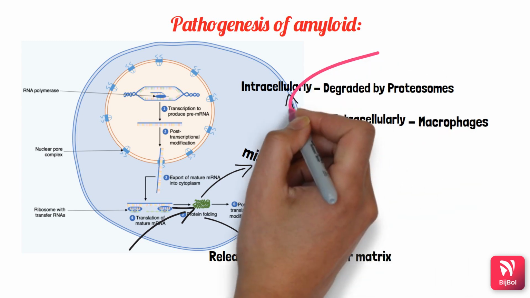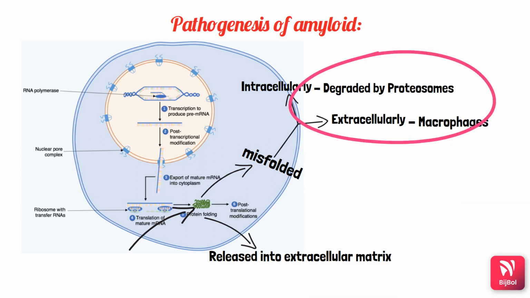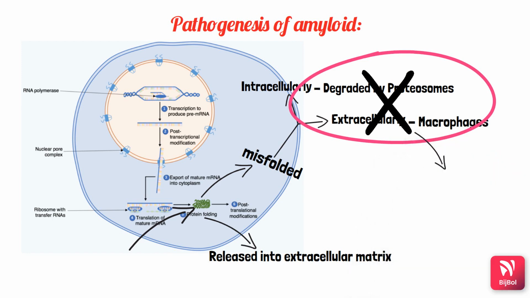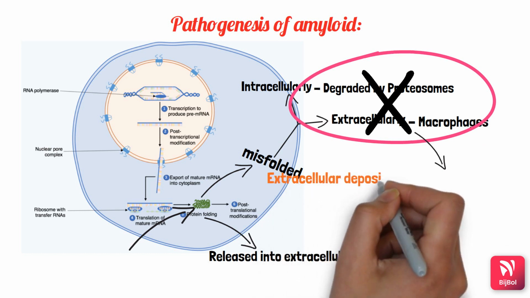But sometimes these degrading mechanisms, by proteasomes or by macrophages, do not occur. When this doesn't occur, these misfolded proteins, which are nothing but abnormal proteins, start to get deposited extracellularly.